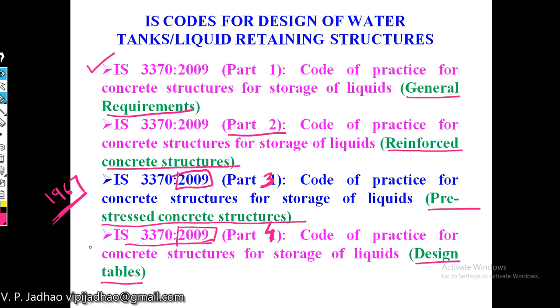Again here this year is 1967. These 2 years are correct, that is 2009, and we will be designing as per these IS codes. For making it simple, some design tables are provided in this IS 3370 1967 Part 4 IS code.